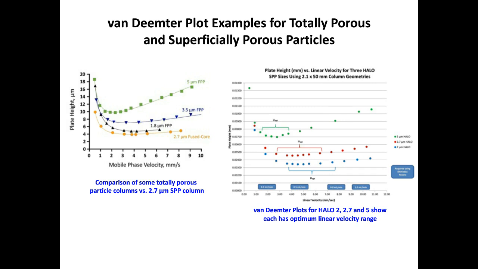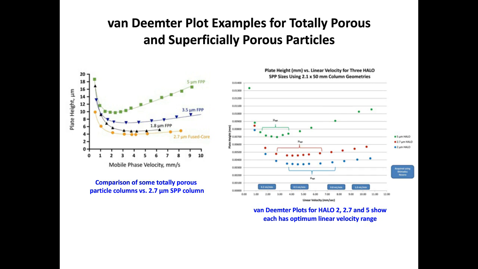And you can see that as the particle size gets smaller, the Van Deemter plots get flatter, and you also see that the optimum is broader for where the best performance is, the lowest plate height or the highest number of plates. And all these things are important to have some sort of a mental image of, so that you're using your particular column at the right flow rate and linear velocity to get the best performance out of it.